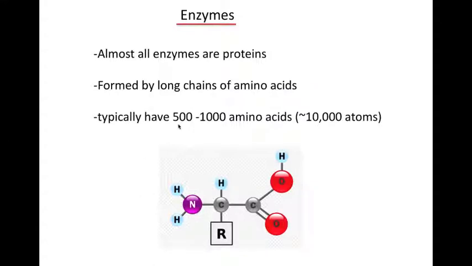Typically, they'll have 500 to 1,000 amino acids. And since a typical amino acid has 10 to 20 atoms in it, like this one here, 1, 2, 3, 4, 5, 6, 7, 8, 9, plus a side chain, about 10 atoms, a typical protein is a very complex molecule with as many as 10,000 or more atoms.